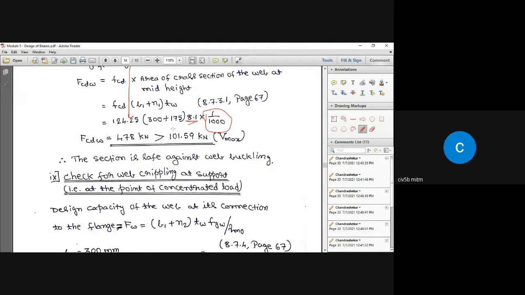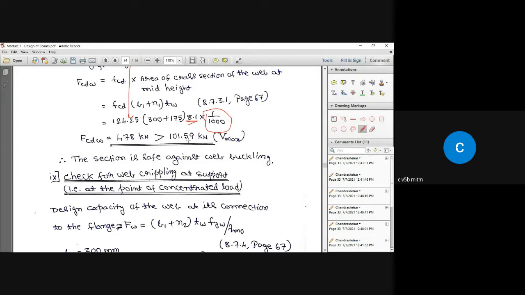That is greater than the Vmax value, the design load that the support is experiencing. So the capacity is greater than the design load at that point. Hence, the section is safe against web buckling.